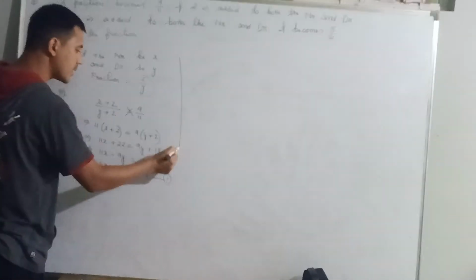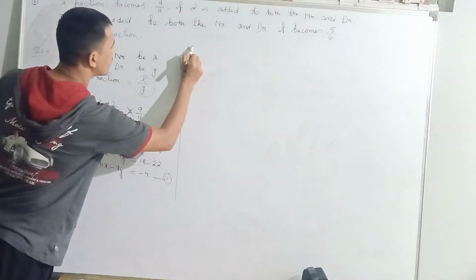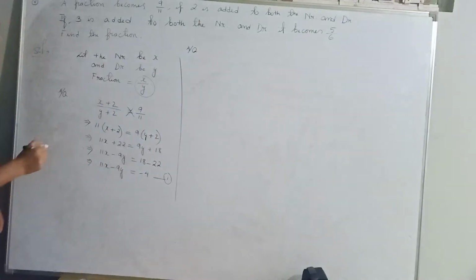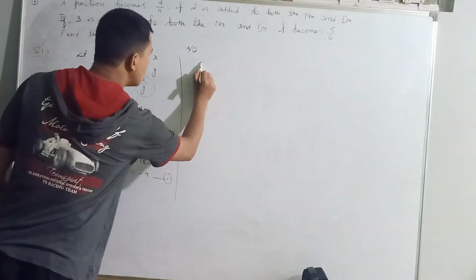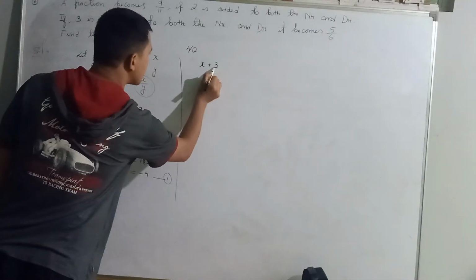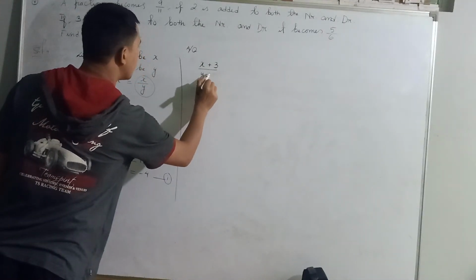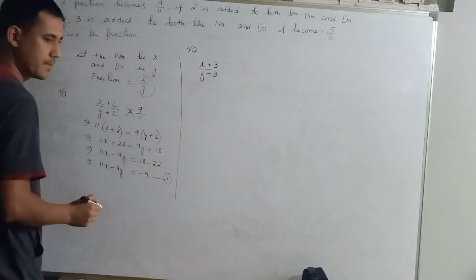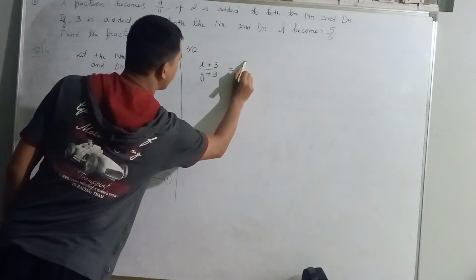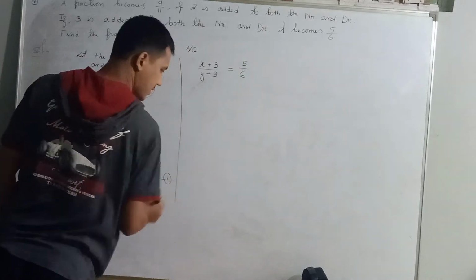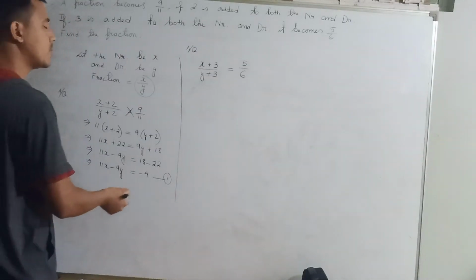Now, let's see the next part of the question. Again, according to the question, if 3 is added to both the numerator and denominator, to the numerator we add 3 and to the denominator also we add 3, then the resultant fraction becomes 5 upon 6. So we do the same process.